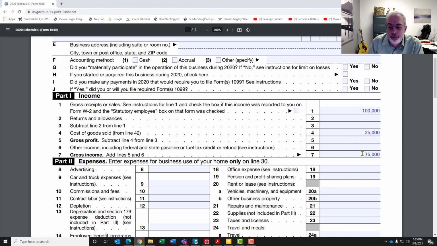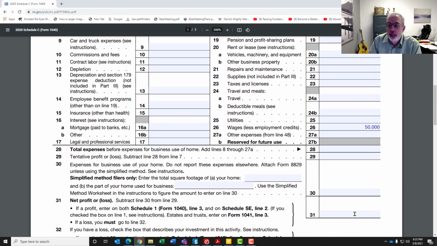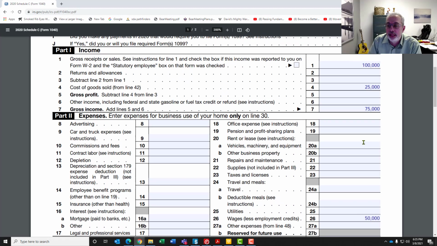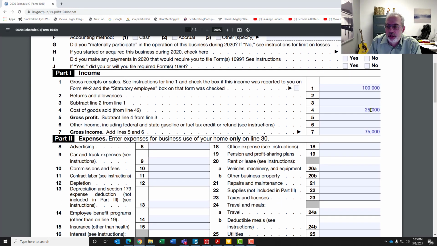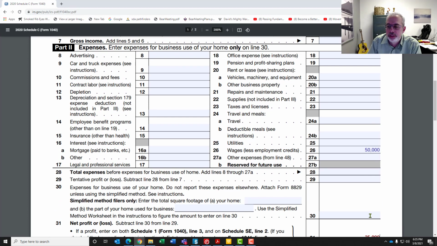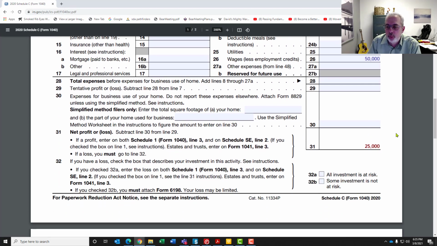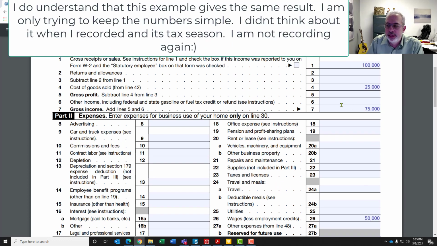But they've moved us from line 31 to line 7, and in the case of this business, that would have been 100,000 less cost of goods sold, less wages was 25,000. We were looking at this number before instead of this number.